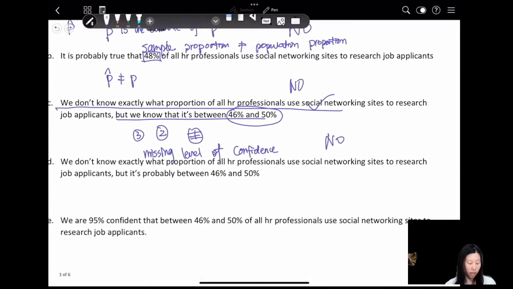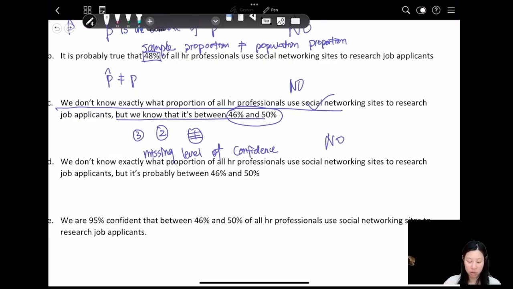Okay, D: they say we don't know exactly what proportion of all HR professionals use social networking sites to search job applicants. This is good, but it's probably between 46 and 50. So this is basically similar to what we have for C. They're missing the confidence level.